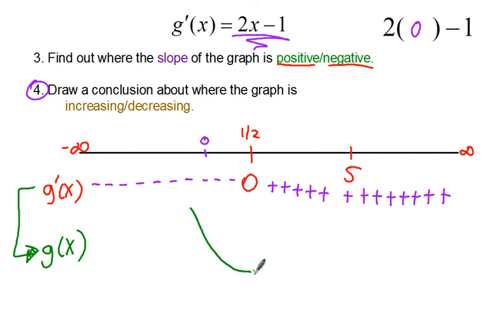And if the slope is positive, we're picturing the graph doing this. In particular, when the slope is negative, the function is decreasing. When the slope is positive, the function is increasing. And when the slope is 0, apparently it has this local minimum.